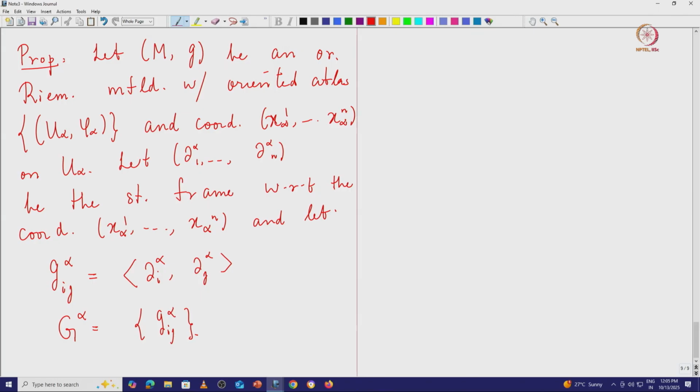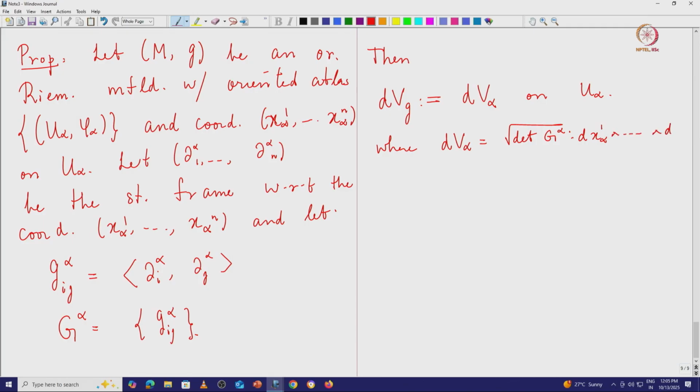So these are all quantities we have seen before. Then my claim is that if you define dV_g equal to dV_alpha on U_alpha, where dV_alpha is this form given by the square root of the determinant of G^alpha times dx_alpha^1 wedge etc. up to dx_alpha^n, so this is a local n form defined on this open set U_alpha, but if you put all of these together, then dV_g is a global n form.